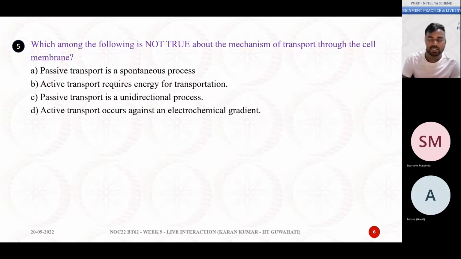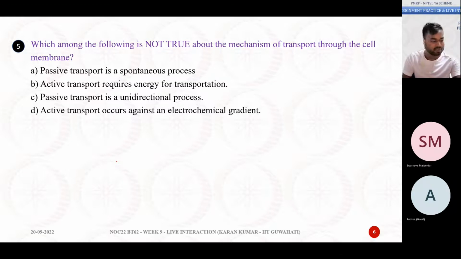Now the next question is, which among the following is not true about the mechanism of transport through the cell membrane? Option A, passive transport is a spontaneous process. Option B, active transport requires energy for transportation. Option C, passive transport is a unidirectional process. Option D, active transport occurs against the electrochemical gradient.